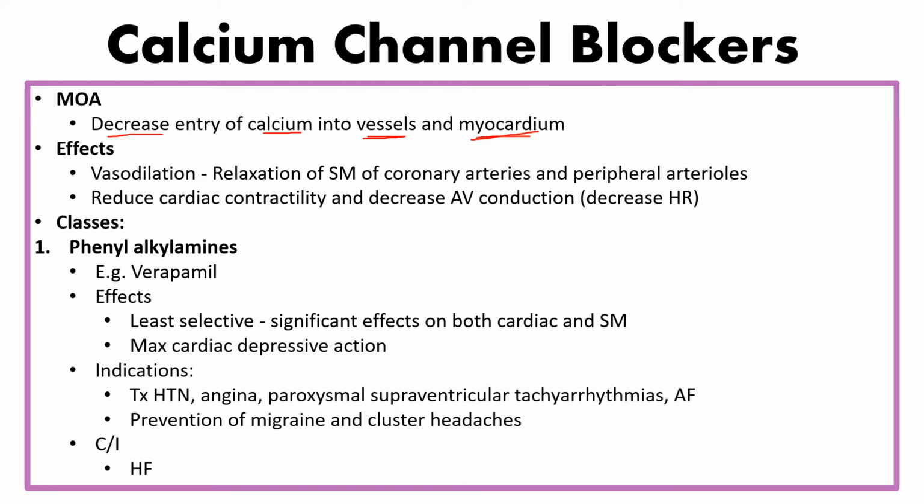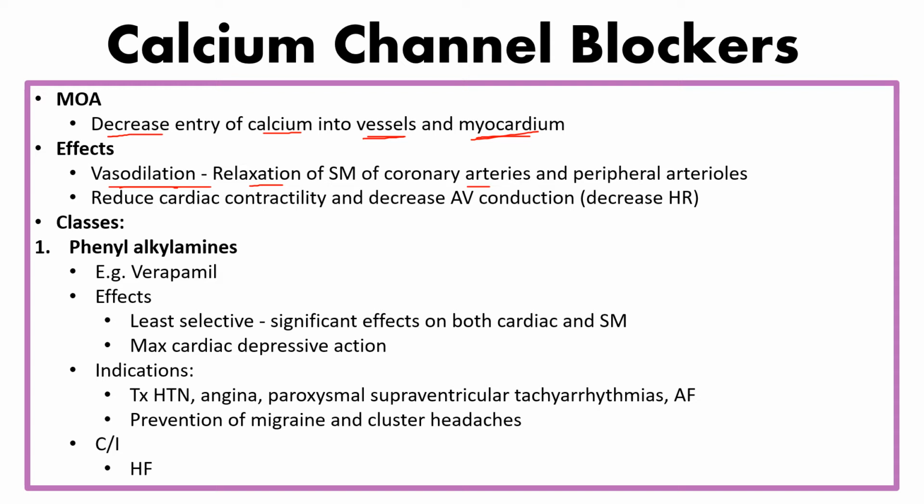In a normal physiological setting, the influx of calcium leads to the contraction of our myocardium and the constriction of the vessel wall, leading to an increase in blood pressure. But if we give calcium channel blockers, which block the influx of calcium into the vessels and myocardium, we get vasodilation, because we don't vasoconstrict, we relax those arteries and arterioles.